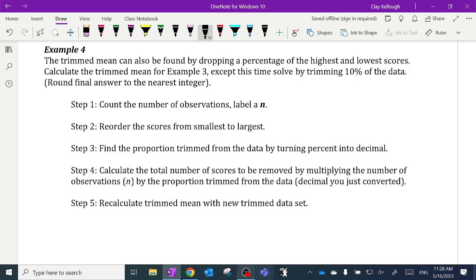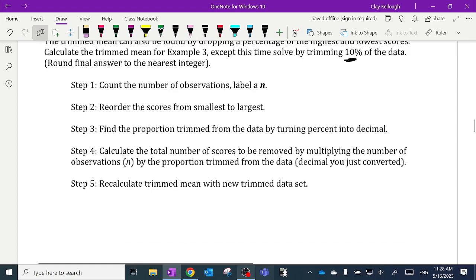Call that n. Step 2, reorder from smallest to biggest. Step 3, find what proportion is trimmed by turning this percentage into a decimal. Calculate the total number to be removed by multiplying n by the decimal, and then recalculate.